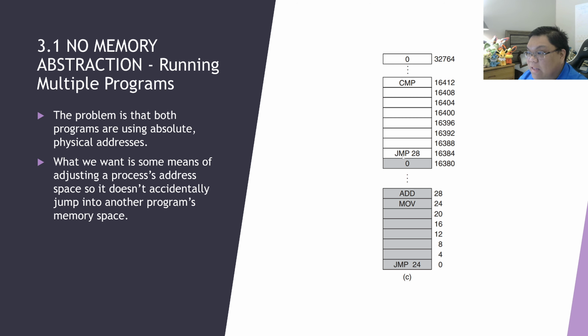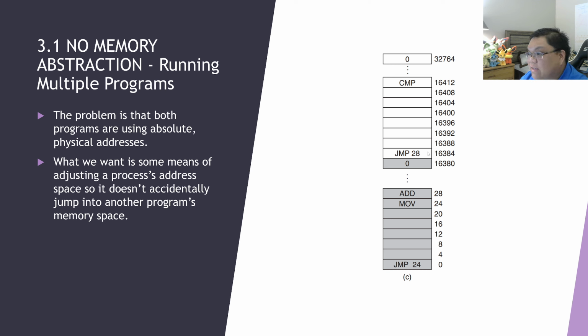We need a means of changing this jump 28. So instead of jumping to address 28, that is a part of a different process's memory space, we jump to address 28 plus wherever the process address space started.